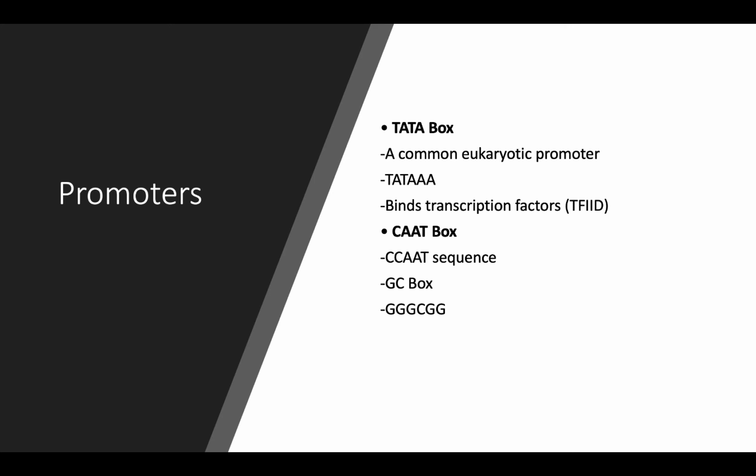This is the TATA box. There are other types, called the CAT box, which is the CCAAT sequence, and then the GC box, made of G and C, for example triple G and C. So these are usually the promoter DNA sequence regions.